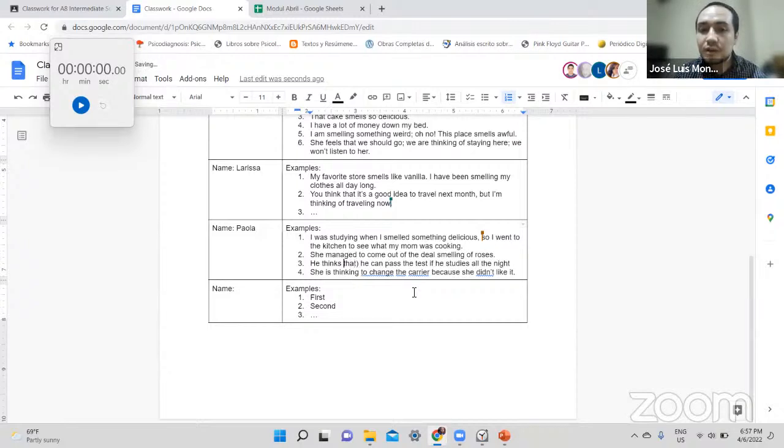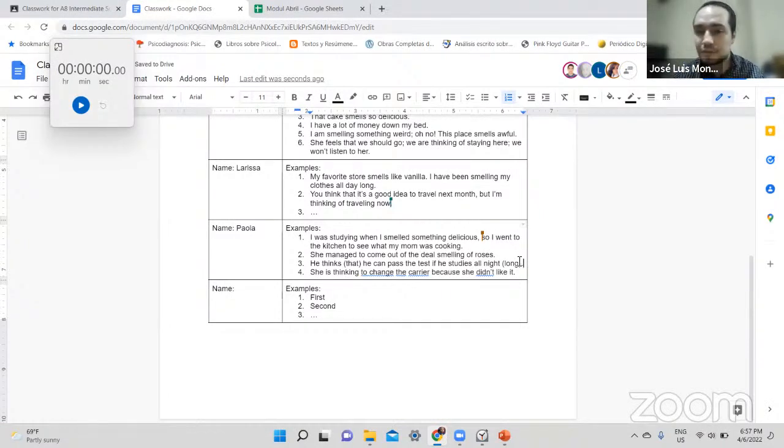Using a comma would be incorrect over there because the two ideas are connected as a clause. So he thinks that he can pass the test if he studies all night. Good. Instead of all night, my recommendation again is saying all night long, so during the whole night.